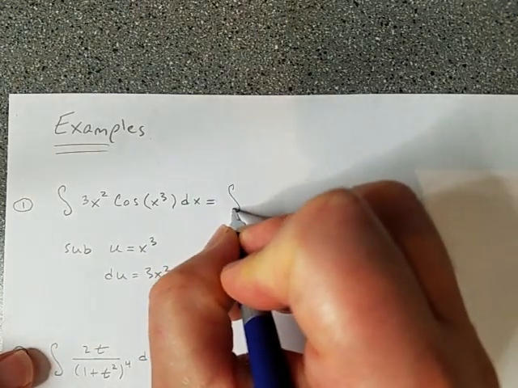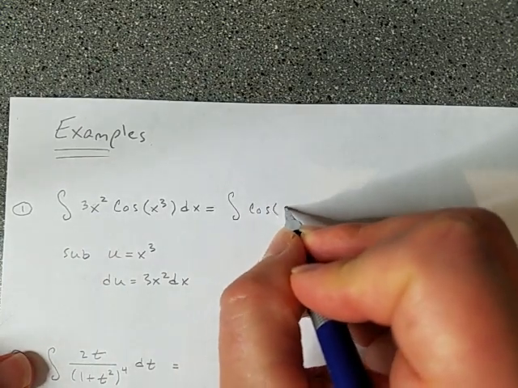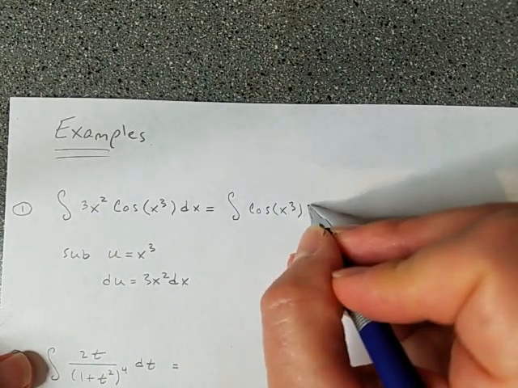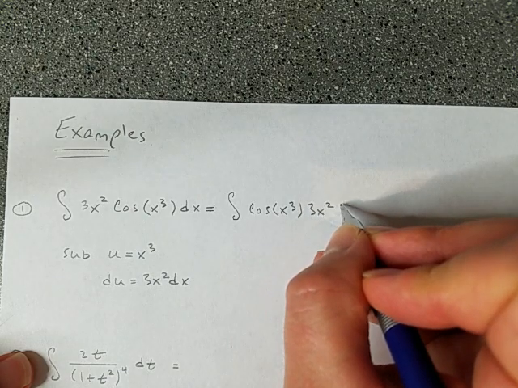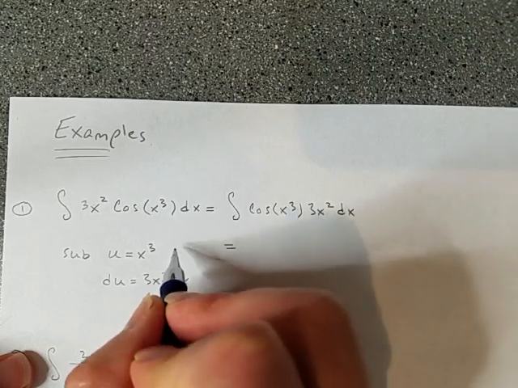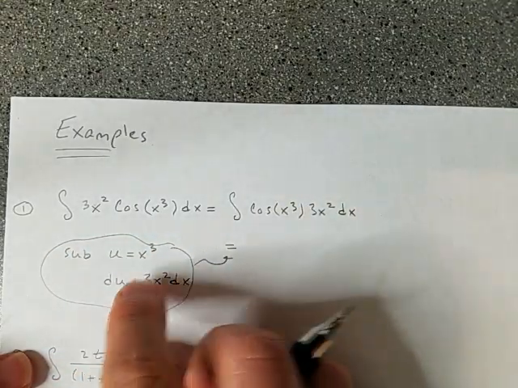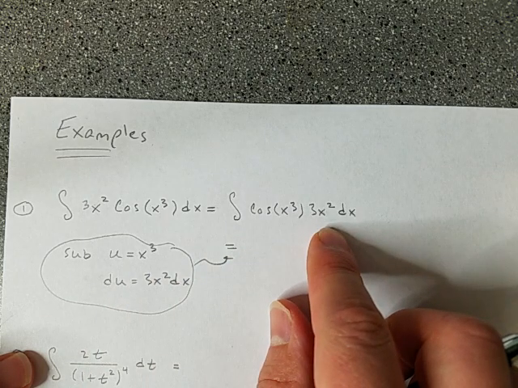So let's do this. I'll rearrange this. And whether you rearrange it or not, that's up to you. I mean, everything's up to you. But right here in this step, that substitution fits, right?